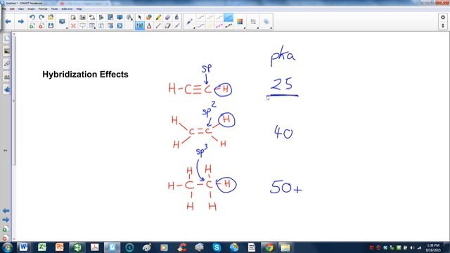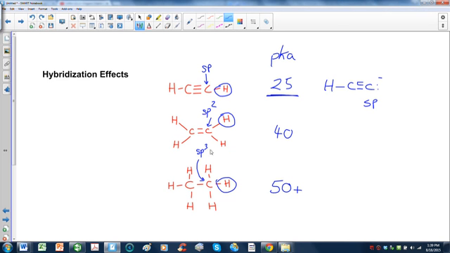Strongest acid is the lowest pKa, and that is because when we look at the conjugate base with the triple bond there and the lone pair on that carbon after we remove that hydrogen, this sp hybridized carbon here is happier to hold the negative charge than this one or this one. Therefore, hybridization is important. sp hybridized carbons are more acidic than sp2 hybridized carbons, which are more acidic than sp3.